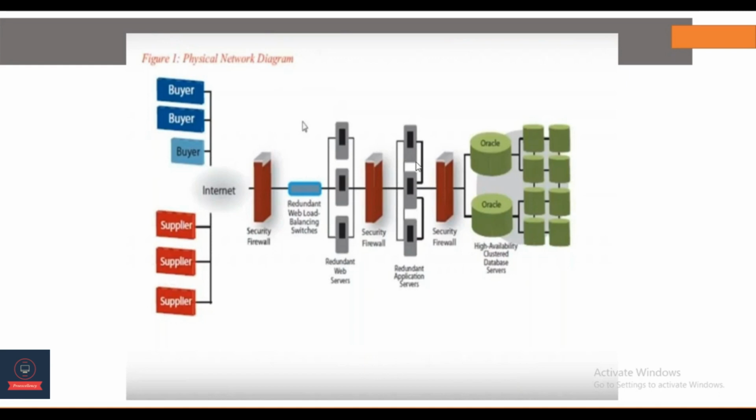From here, once it crosses, it reaches the third security wall, and the third security wall again performs cross checking from the data security point of view. Only if the third security wall provides confirmation will the information reach the database server.